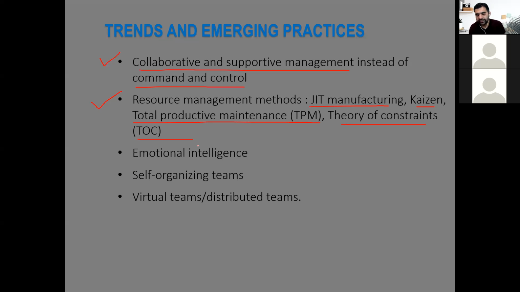We will not go in depth on them because they are not very important for exam purposes, but if you want to go through these concepts, feel free to. It's always good to learn about management concepts and resource management concepts. Just have a quick look at TOC, theory of constraints.